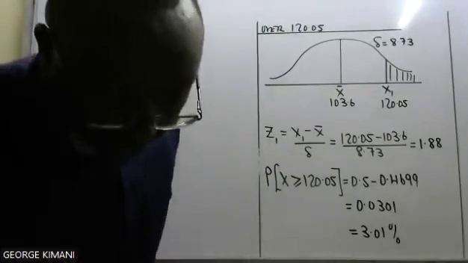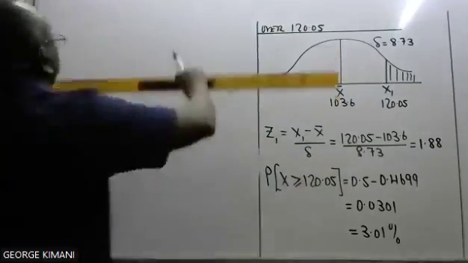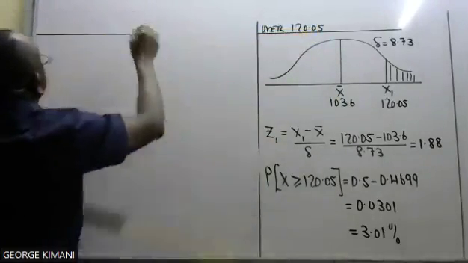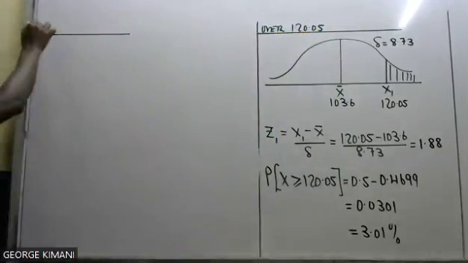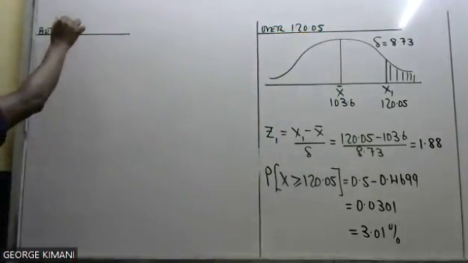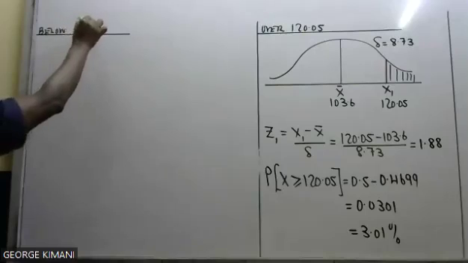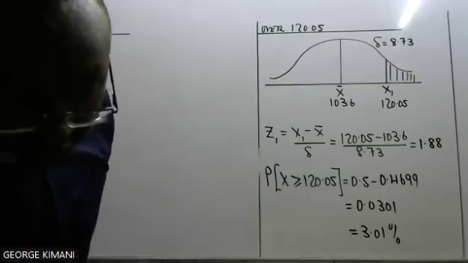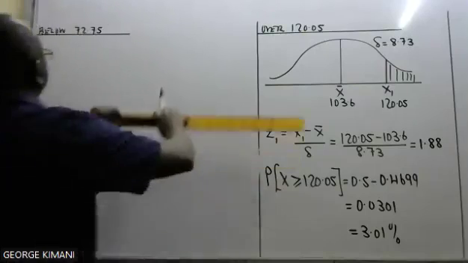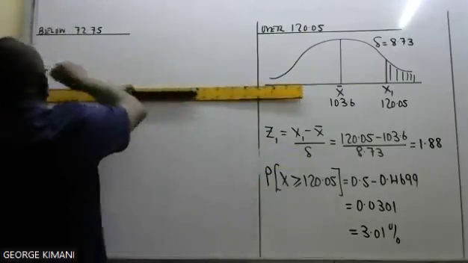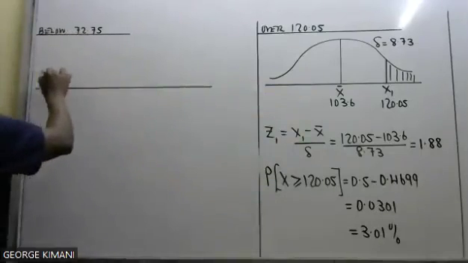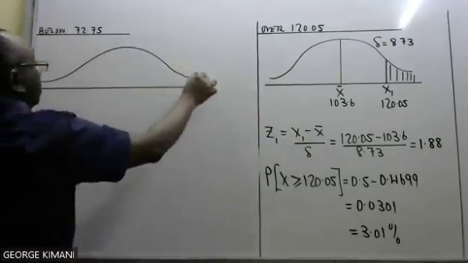The next one is below 72.75. So we want it below 72.75. Now we again do our small table.